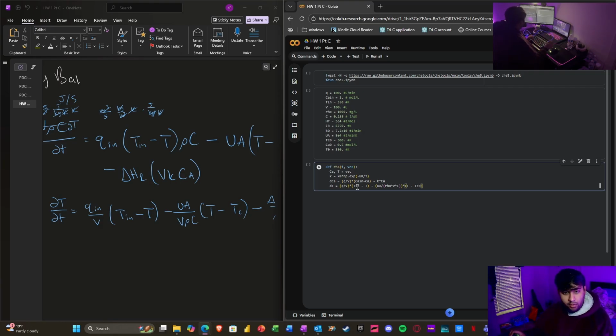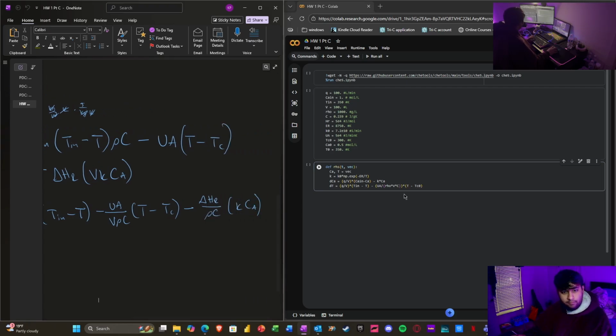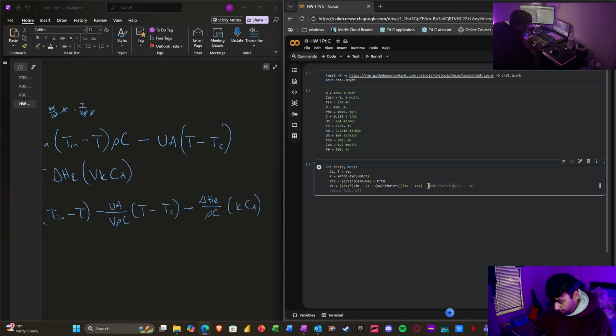So we're going to subtract that by our HR divided by rho times heat capacity, and that is multiplied by the K value times the concentration.